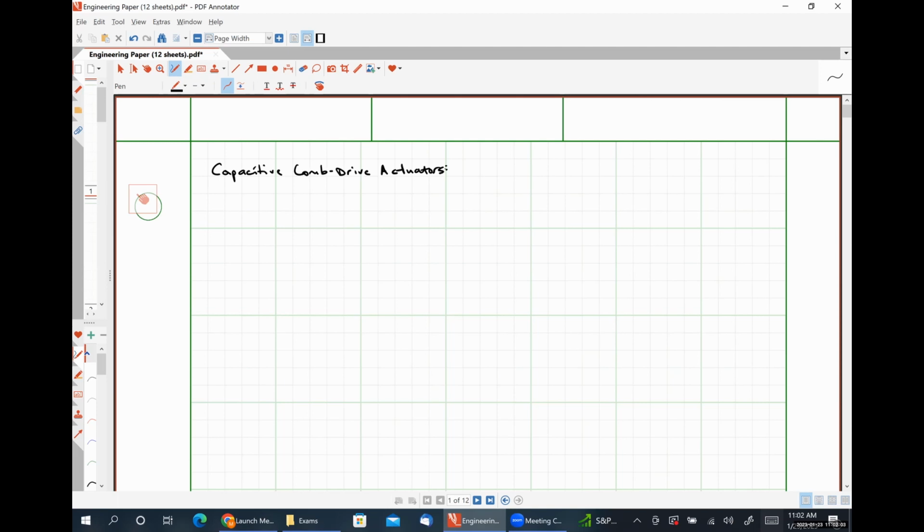So we talked about capacitive comb drives earlier in this class when we were dealing with electrostatic sensing. So to recap, we had a structure that looks something like this. Imagine that I have the capability to draw a straight line.